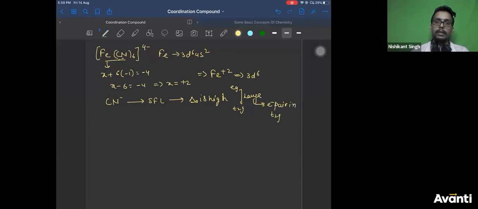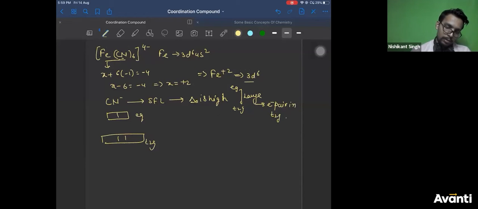So what will be your configuration? This is your T2G, this is your EG. You have to fill 6 electrons: 1, 2, 3. The electron will not jump because delta O is large. 4, 5, 6. So your configuration becomes T2G6, EG0.